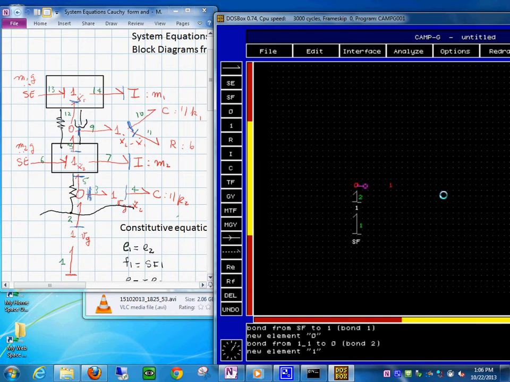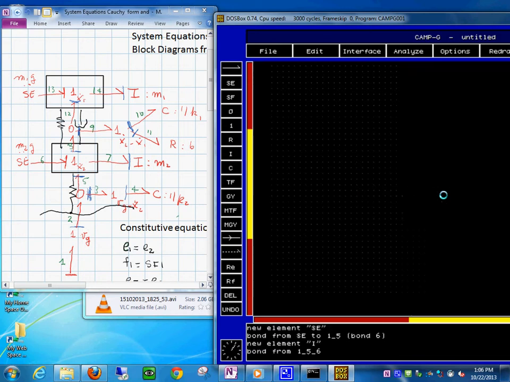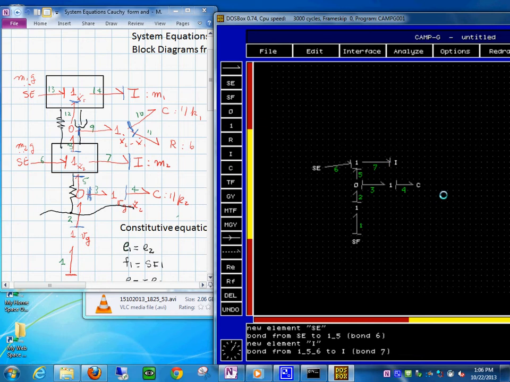So we put the C element over here, and this becomes number 4, and then 5 it goes to a 1 over here, and that is this one like that, and then you have the SC for number 6, which is from here to here, and then we have the I for number 7, which is from here to here, and then you have this 0 with 8 from here to here, and you see it's pretty quick once we have the idea what we're doing and what we would like to do.